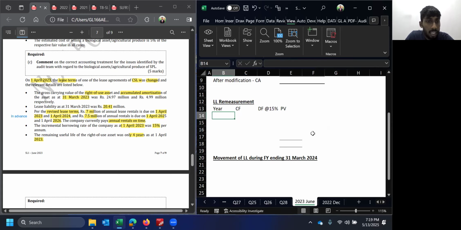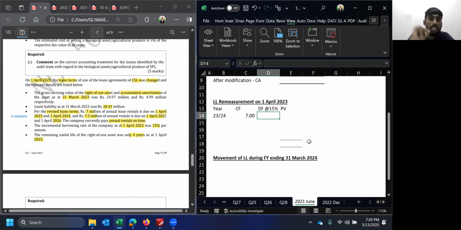Now we know for year 2023-24, we have to pay 7 million. Since the payments are in advance and we are remeasuring the lease liability on 1st April 2023, the first 7 million payment is due on 1st April 2023.